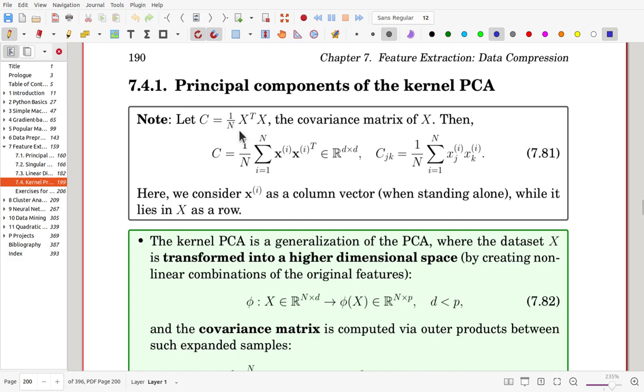The major part is X transpose X. Now, it can be written in this form: for each data point, an outer product is made, and these rank 1 matrices are added and averaged. For each component, the value C_jk inside the matrix is basically the inner product of the j-th column and the k-th column of the data matrix.